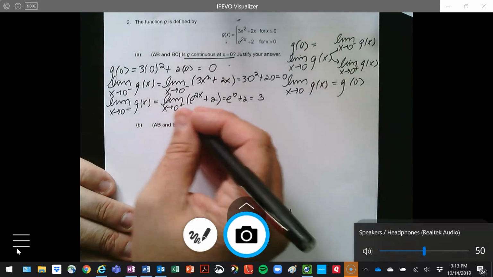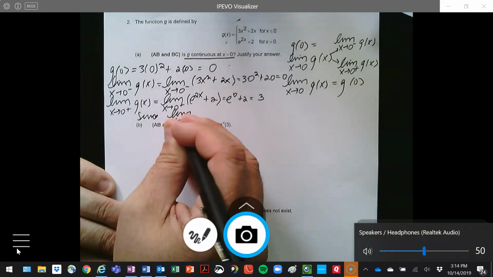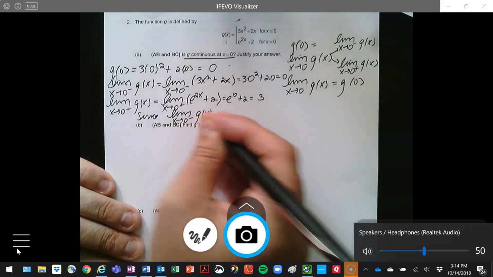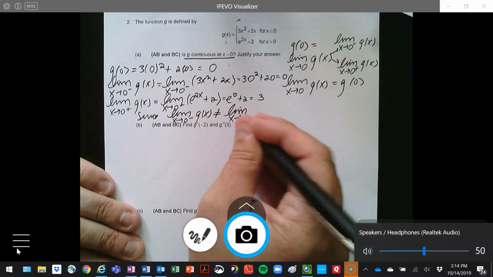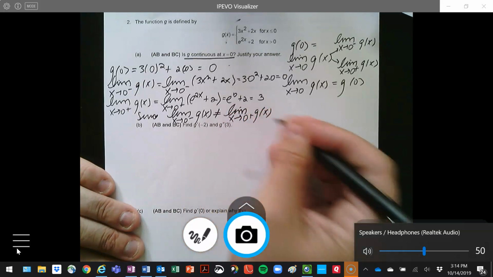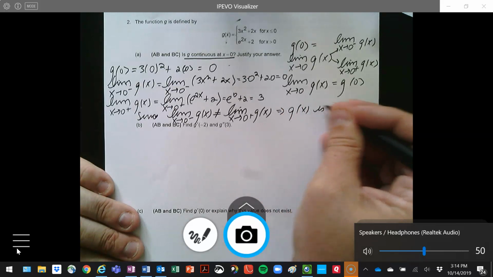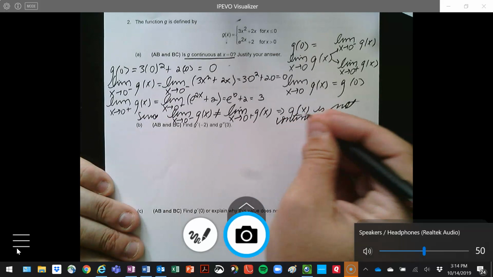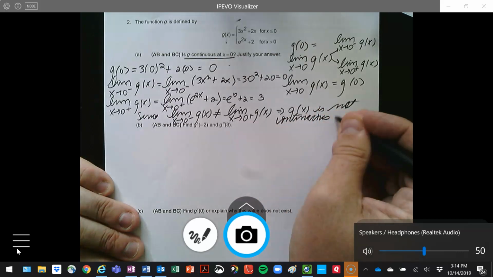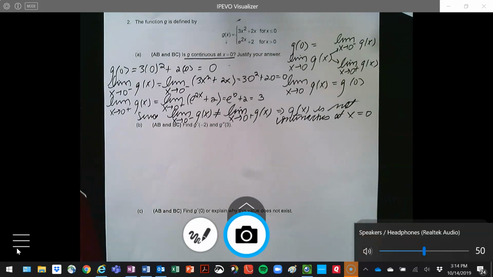Now you're going to have to write that up, and we're going to say something like: since the limit as x approaches 0 from the left of g of x is not equal to the limit as x approaches 0 from the right of g of x, this means g is not continuous. Be specific. g is not continuous at x equals 0.